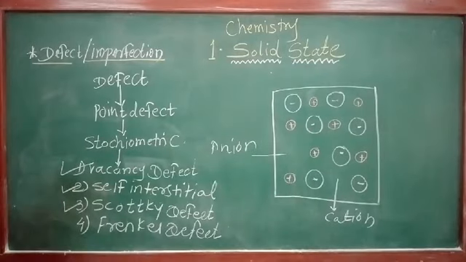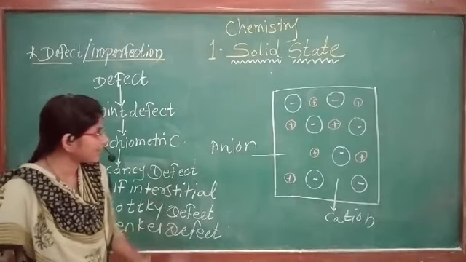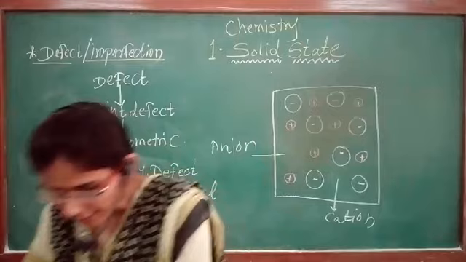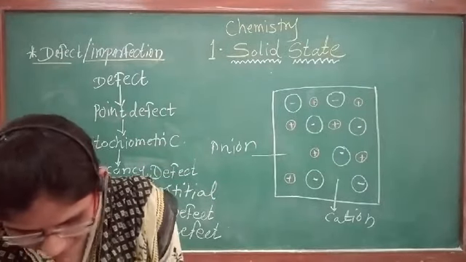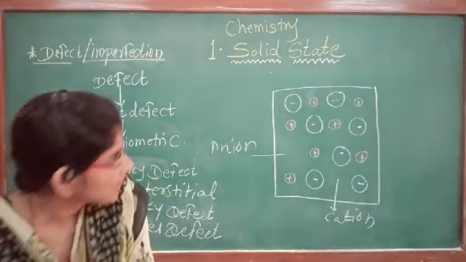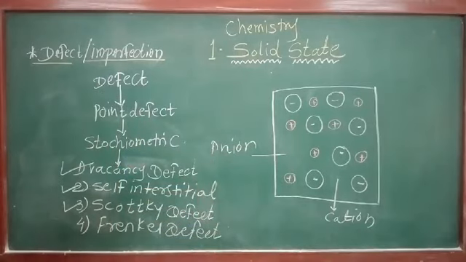So the last type of defect is called a Frankel defect. For the Frankel defect, here again we have considered a crystal structure.